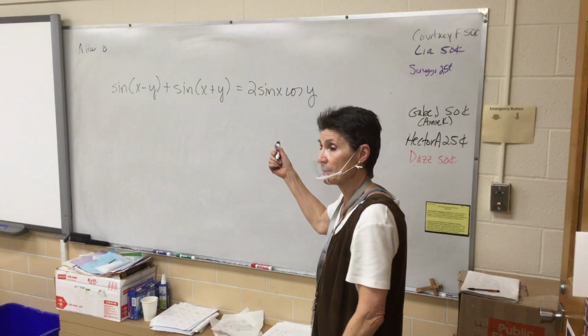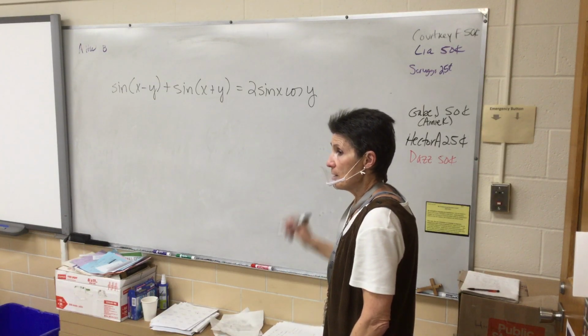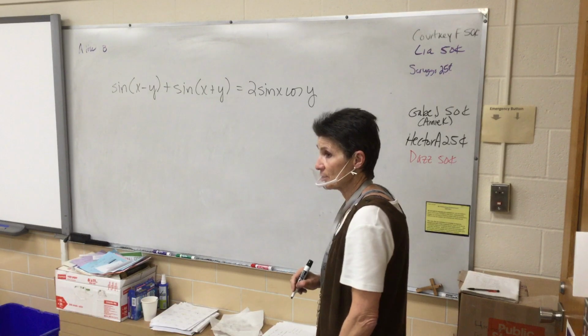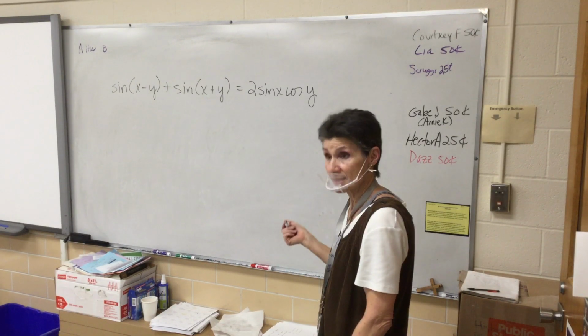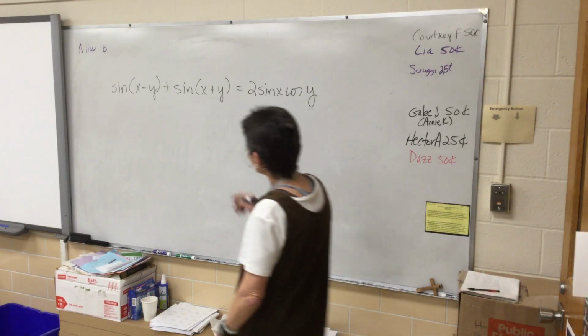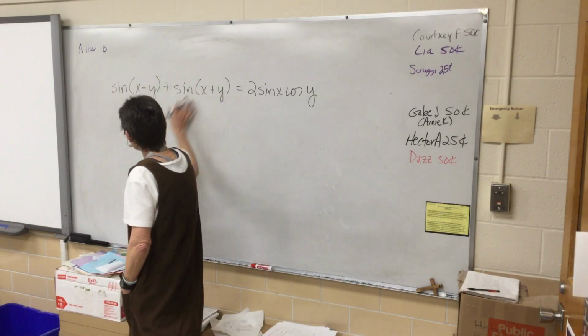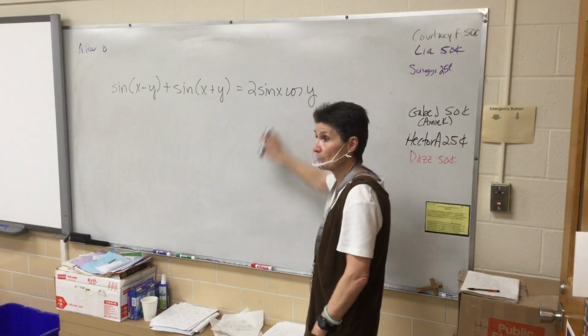This is exactly the kind of problem you're going to have on the quiz, but this one uses identities that I didn't ask you to memorize. So this will obviously not be on the quiz, but the process is on the quiz. You're probably going to change all this into this. Would you agree with me?